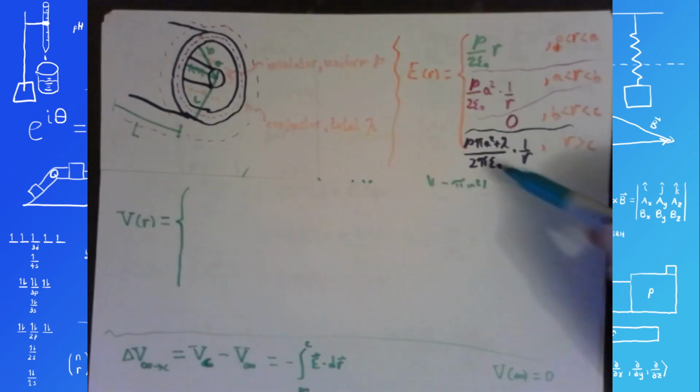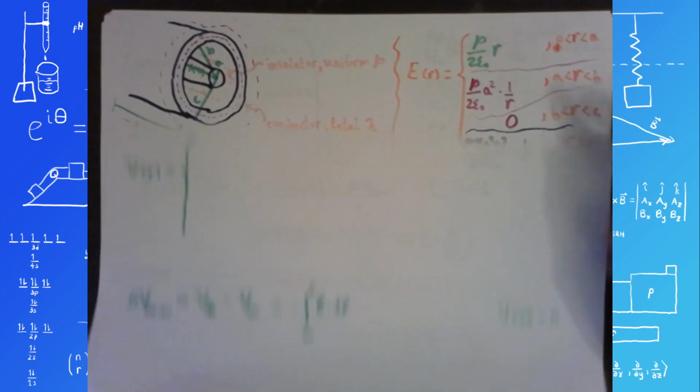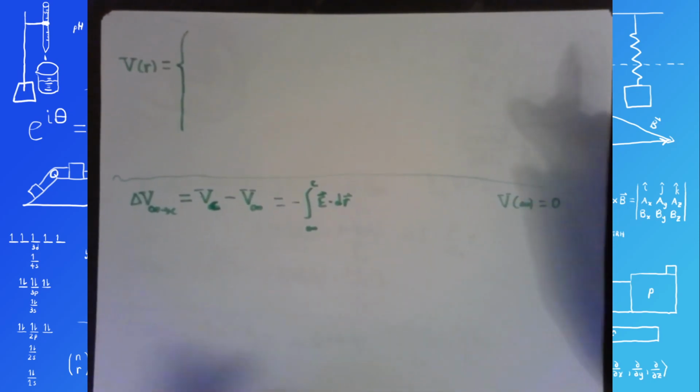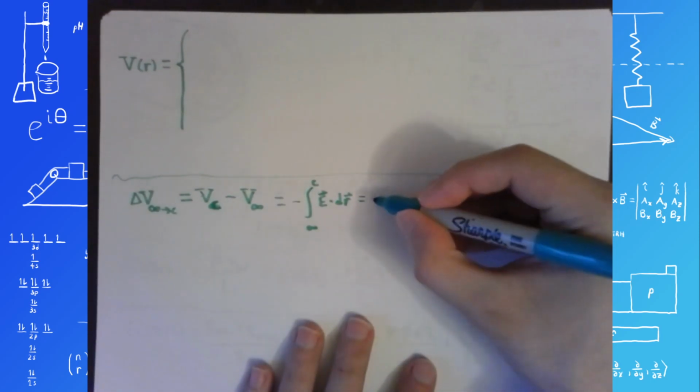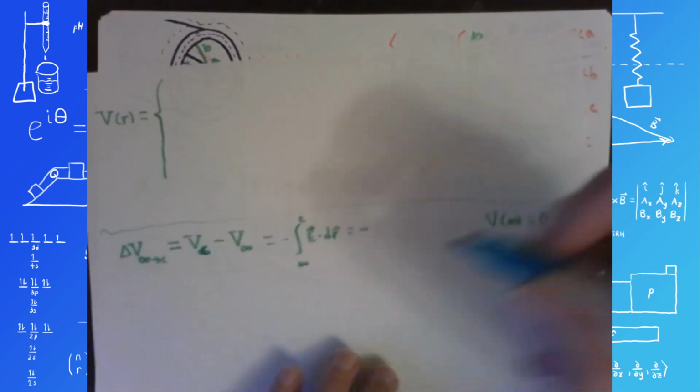Okay, plug in for E, starting from the outside, plug in this nasty expression right here. And actually, it's not too bad. All this stuff is constant, so it will factor out of the integral, and all you'll be left with is the integral of 1 over r. So I'm going to do negative, and then all that stuff.